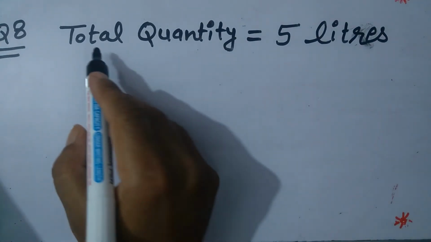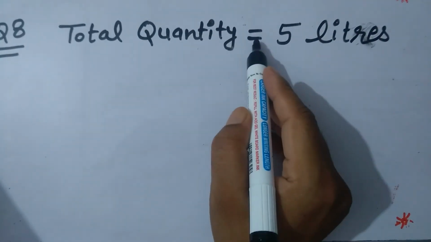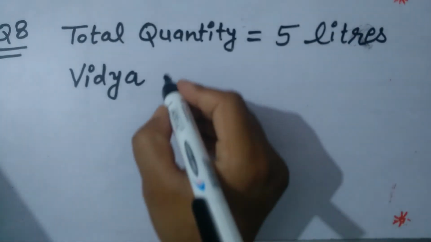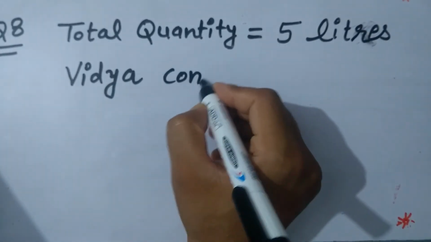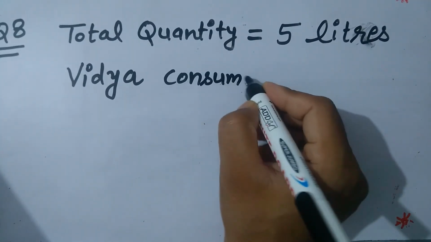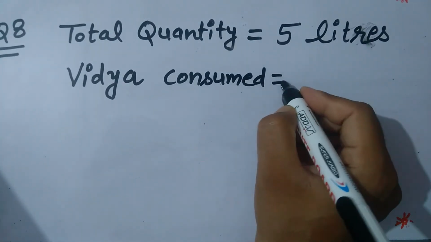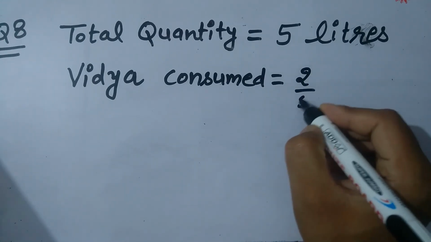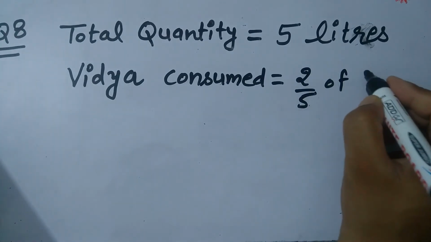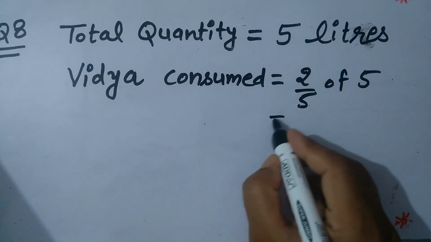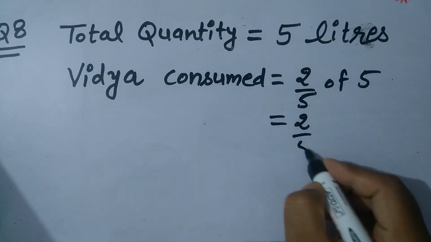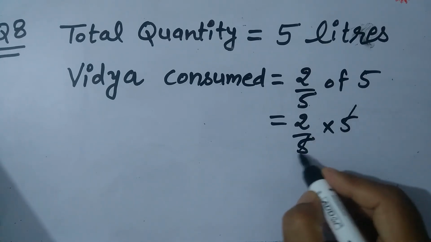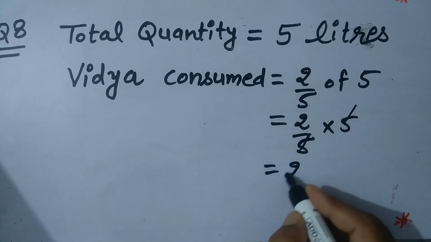First of all, the total quantity of water is equal to 5 liters. Vidya consumed 2 by 5 of 5. That means 2 by 5 into 5. So 5 cancels. Answer is 2.